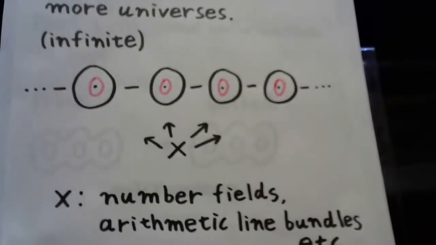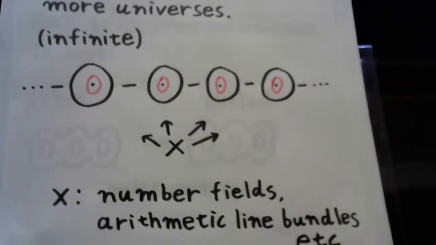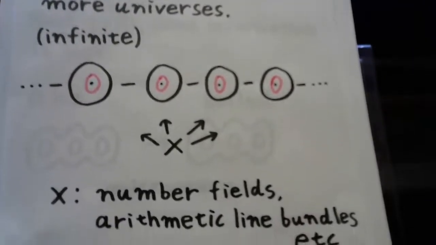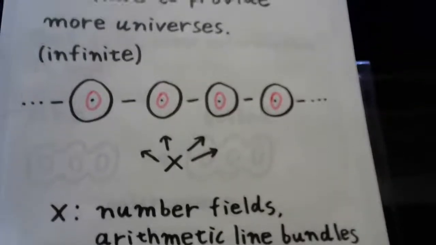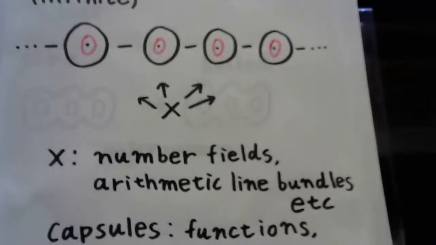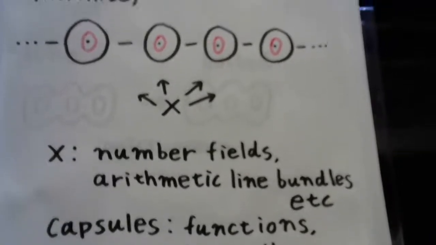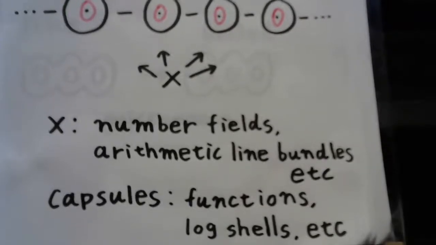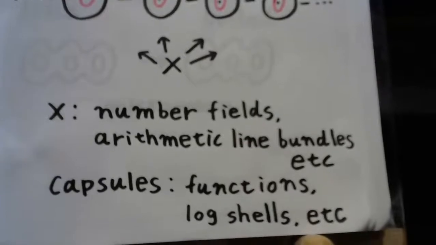Well, what kind of information is X? That's, for example, number fields or arithmetic line bundles and so on. And what about capsules? That's, for example, functions or log shells.